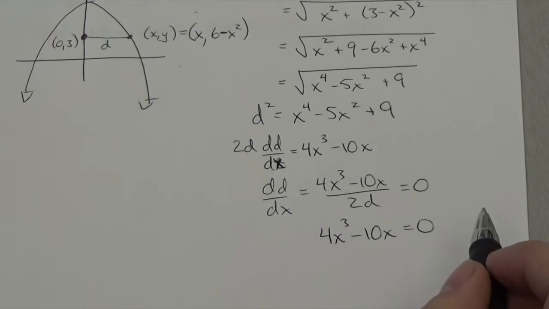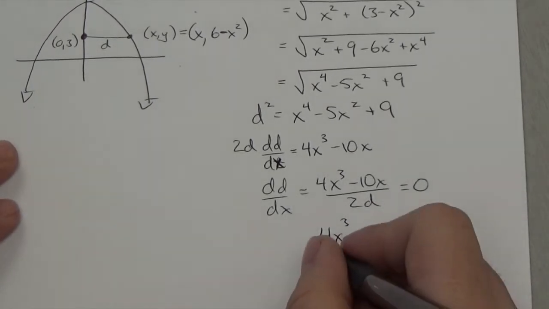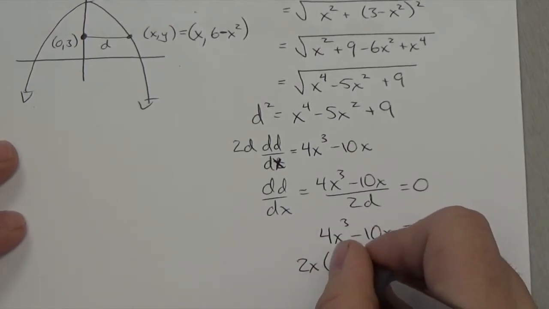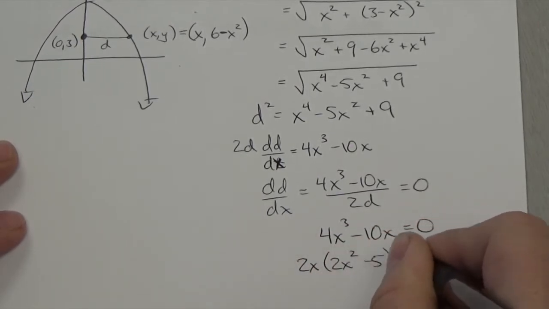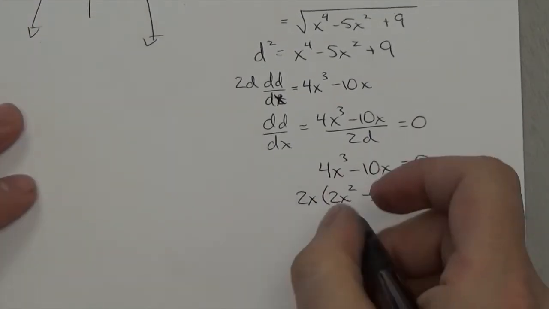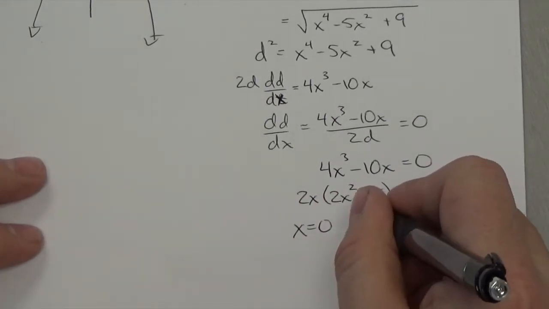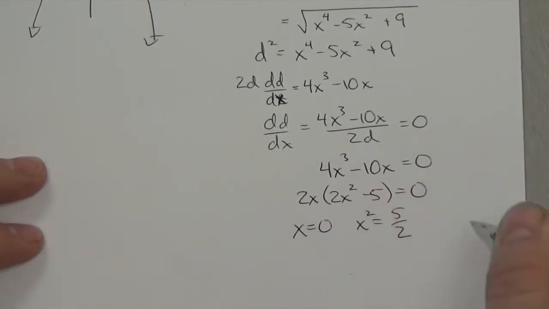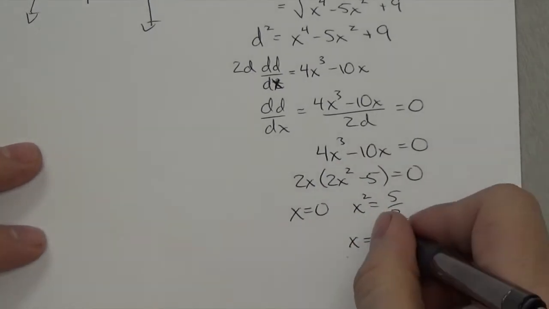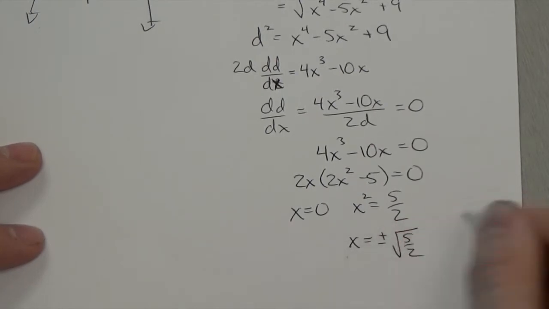And so now to solve this one, I'm going to factor out a 2x. That is going to leave me with 2x squared minus 5, which is equal to 0. And now to solve that, either x is equal to 0 or x squared is equal to 5 halves, in which case x is equal to the positive or the negative square root of 5 halves.